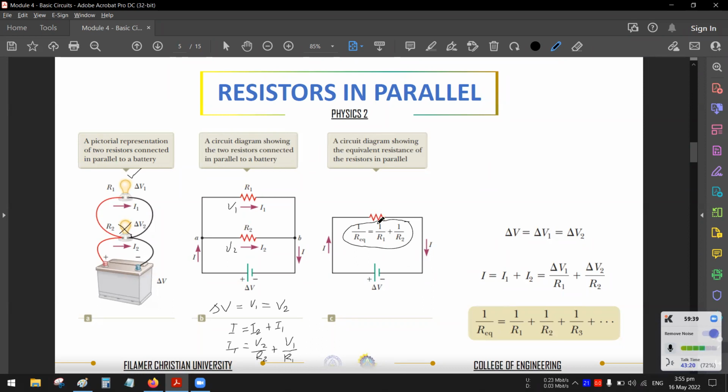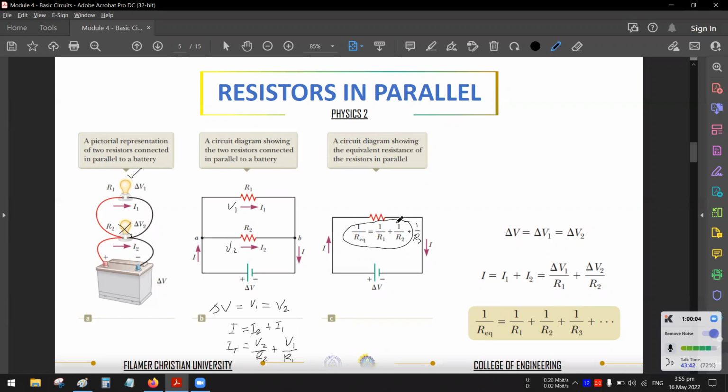So this is just the reciprocal of the given value of resistance plus the reciprocal value of your second resistance and so on. Okay? Kung may resistor 3 ka pa, so reciprocal mo lang siya, 1 over R3, kung ano man na value. And then, yung answer, i-reciprocal mo ulit.